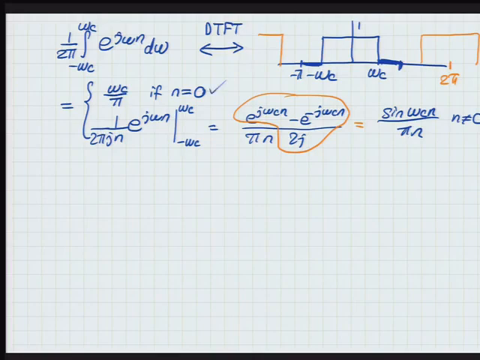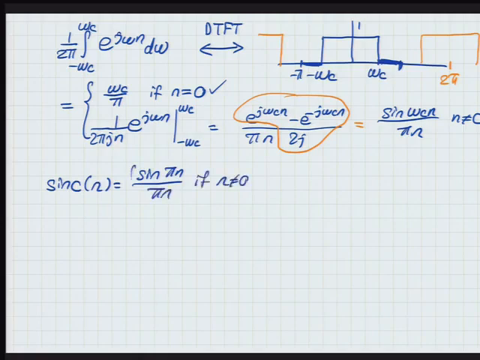That's why I took care of n equal to 0 first, because I have division by 0. But the nice thing about the sinc definition is it takes care of this discontinuity, or the undefined term at 0. The function sinc of n was defined as sine of pi n over pi n if n is different than 0, and 1 if n is 0, right?